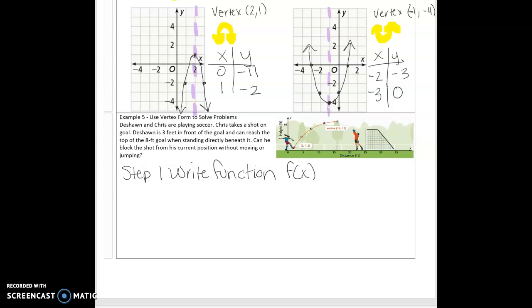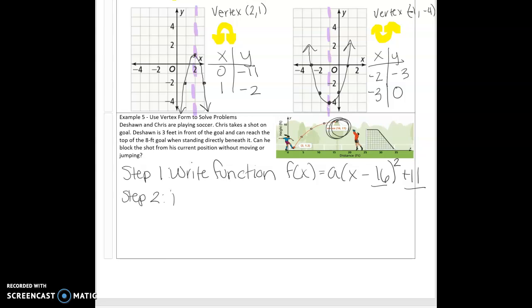So f of x equals a times x minus 16 squared plus 11. And we got the 16 and the 11 from where the vertex is. So we have this vertex right there.